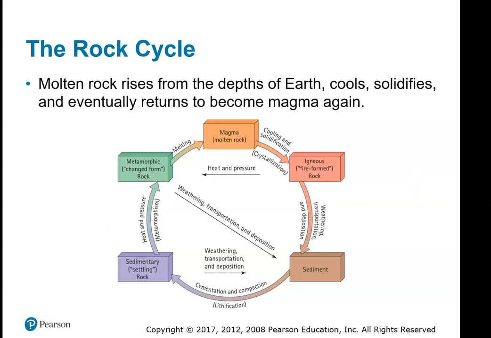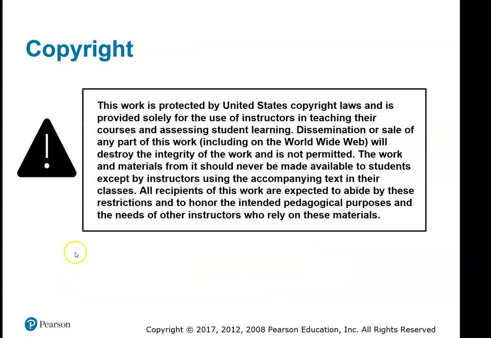Sometimes the plates crash into each other and cause volcanic activity and earthquake activity, like along what's called the San Andreas Fault. That's a very famous fault line that runs up and down California. All right, so that's the end of the chapter, and we'll move on to chapter 21.